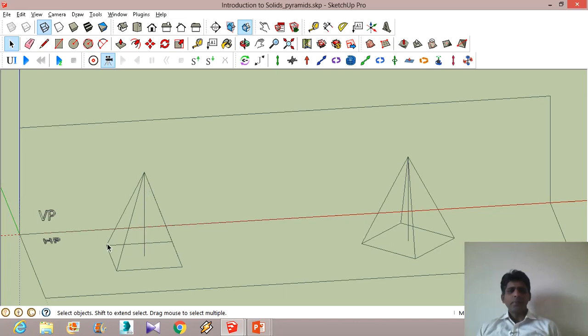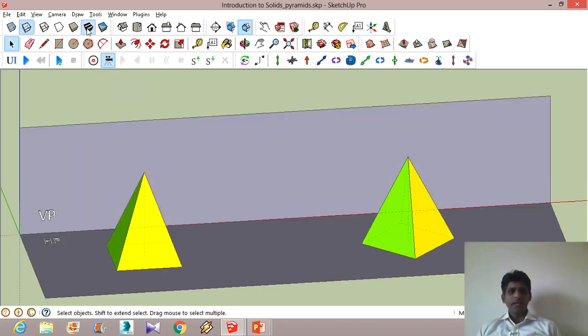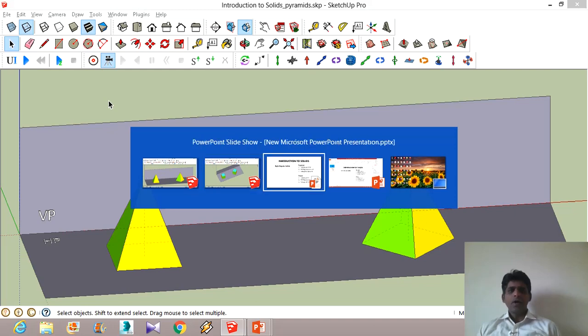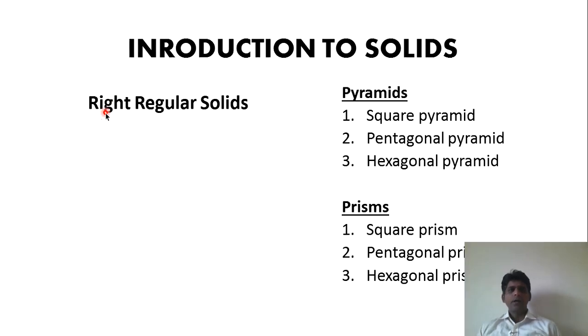This axis is perpendicular to the base, and the base is a regular polygon. That means all the angles and the sides are going to be same or equal. That is the meaning of regular solids. And right regular solids means that the axis is going to be perpendicular to the base.